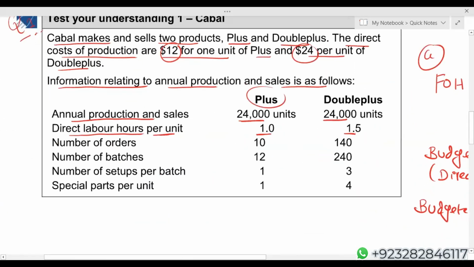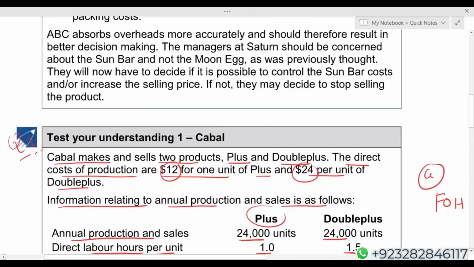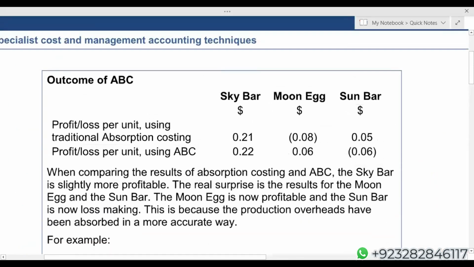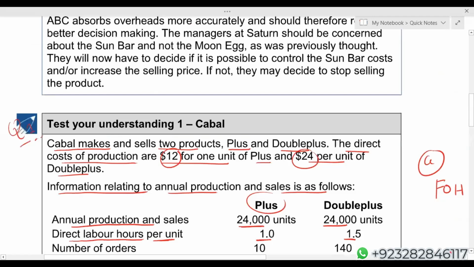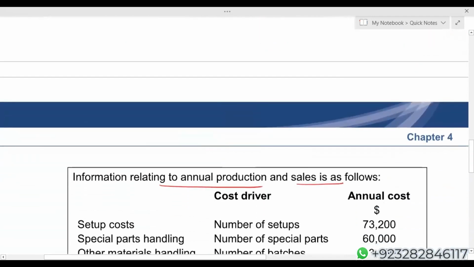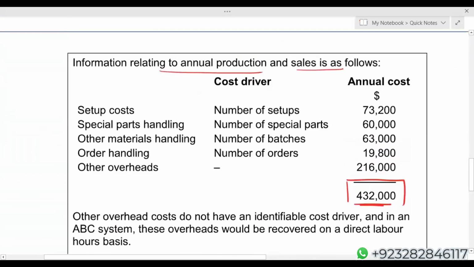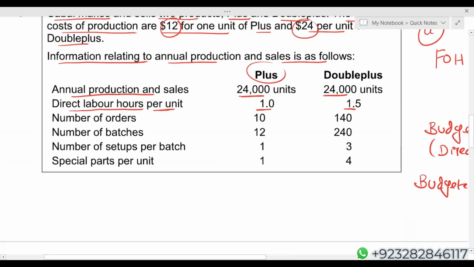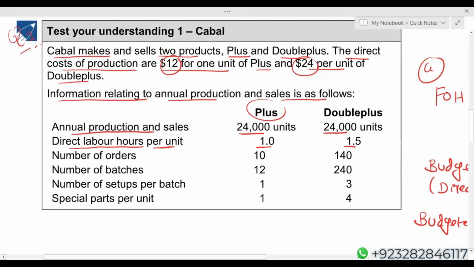For product plus, let's see how many hours they need. Product plus needs 1 hour. So 7.2 will remain 7.2, because 1 unit of plus needs 1 hour of direct labor.